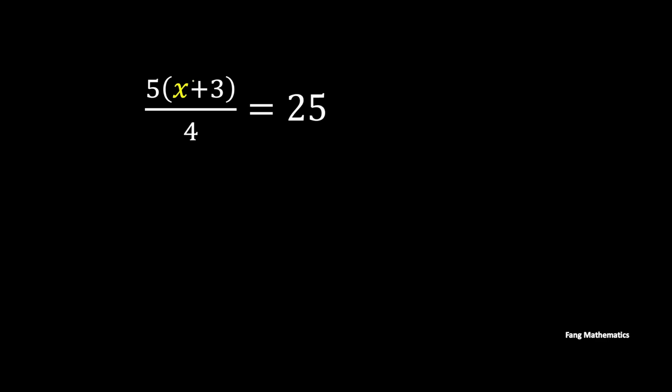Moving on, if you refer to x here, it is first added by 3, and that gives you whatever is inside the parentheses, and this single object is first multiplied by 5, then that gives you the numerator, then lastly it was divided by 4 and gives you the expression on the left, and we should remove the operation that was last done to the expression, that is the division by 4, so we are to multiply both sides by 4.